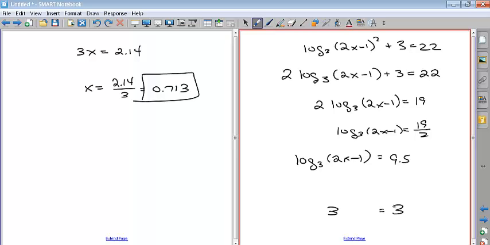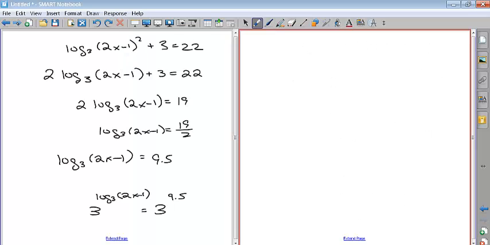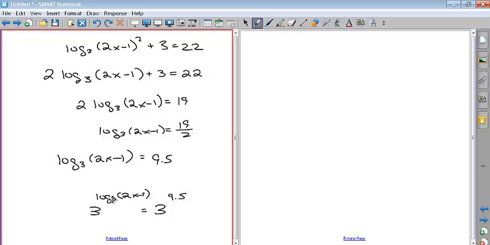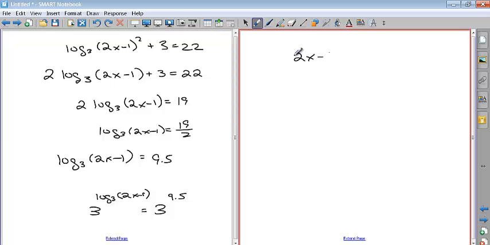So what I'm going to do is take 3 and raise it to the log base 3 of 2x minus 1, and I'm going to do the same thing over here, 3 to the 9.5. If you take any base and raise it to the same power, you're going to have an equal result. But I choose log base 3 because 3 to the log base 3 of that is just that thing.